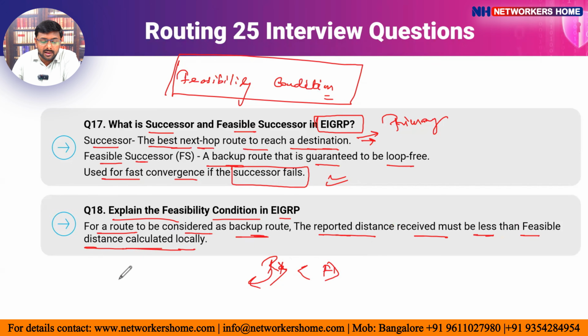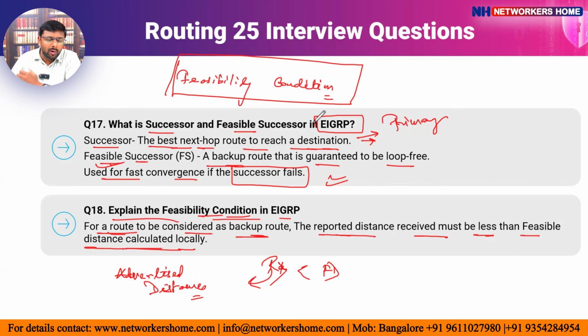This reported distance can also be called the advertised distance. It should be less than the feasible distance. Then it is going to be a backup path, or we can say a feasible successor. This is the feasibility condition.